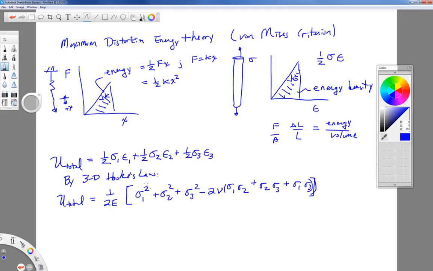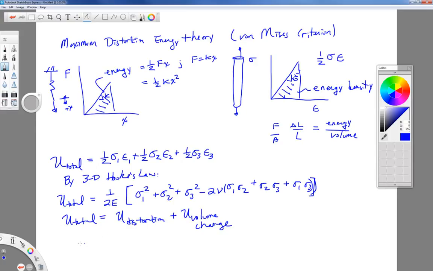Now, this theory is called the maximum distortion energy theory. So what we want is the distortion energy. And this total energy is actually composed of two parts, a distortion energy part and what's known as a volume change part. Because we're looking at ductile materials that fail because of shearing stresses, we want the distortion part.